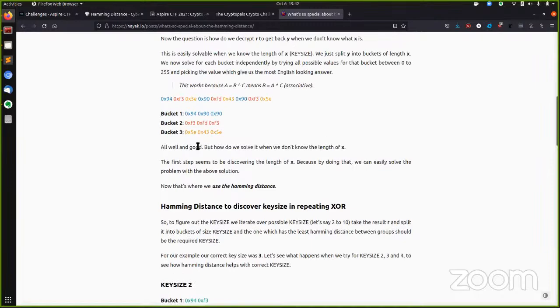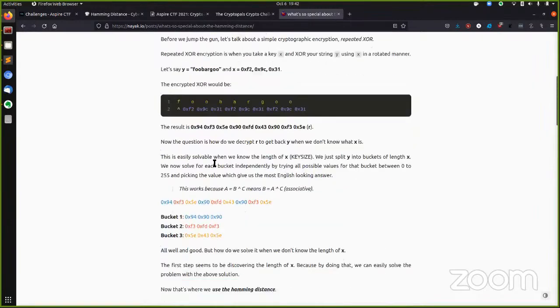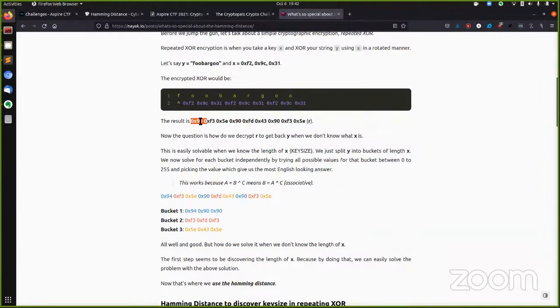If you go to the ciphertext, you would separate the first 2, and if it was a key of length 2, this would have been encrypted using the key, this would have been encrypted with the key, and so on and so forth.